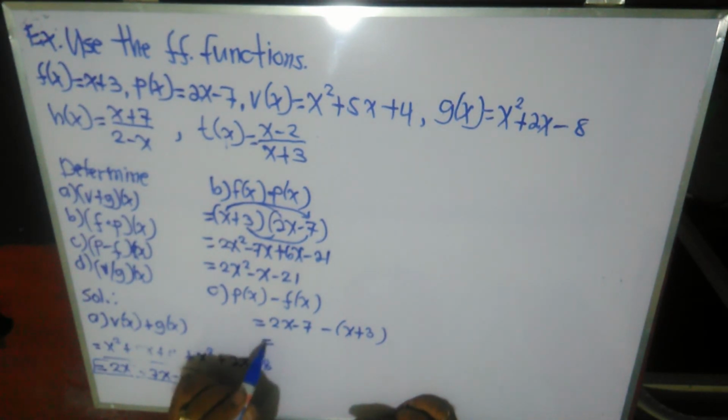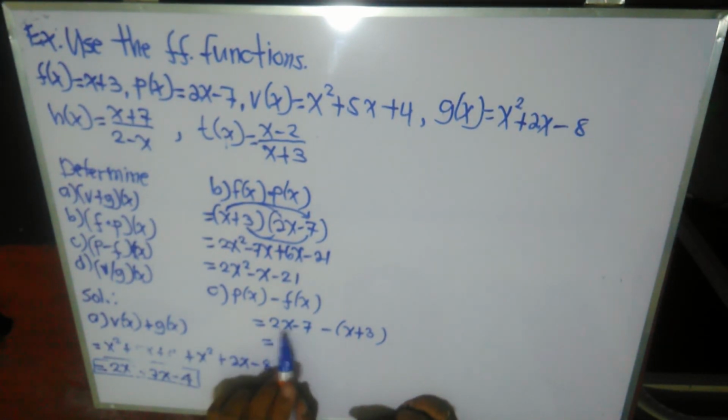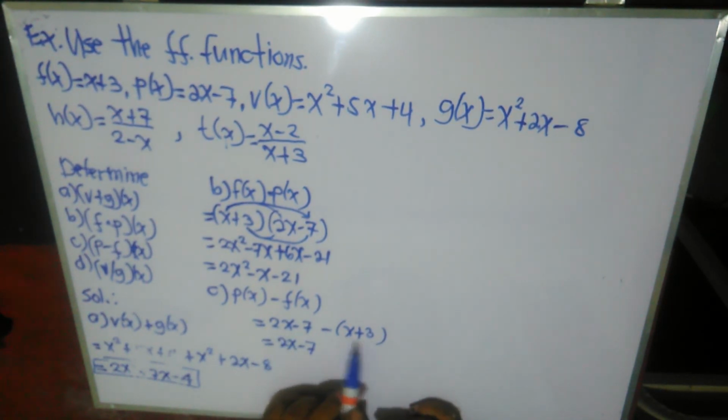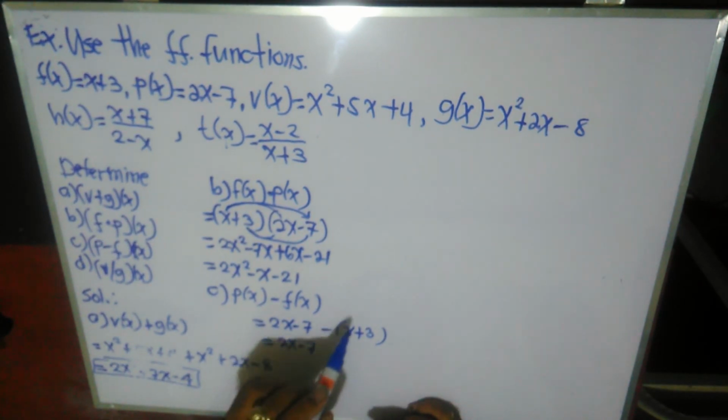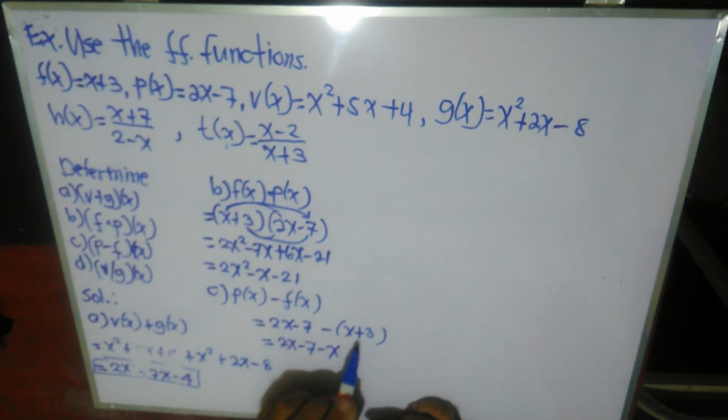So first copy 2x minus 7. Since this quantity is succeeded by a negative sign, when you remove the parentheses, change the signs. So x is positive, it becomes negative x, and positive 3 becomes negative 3.